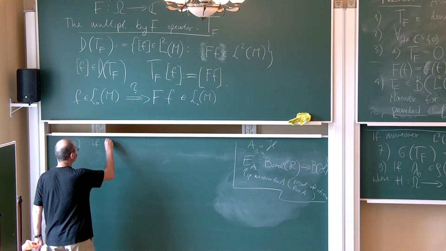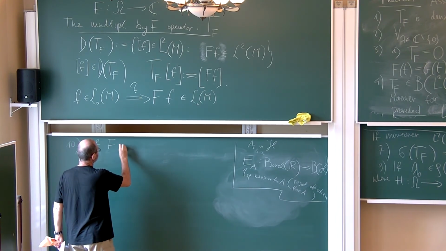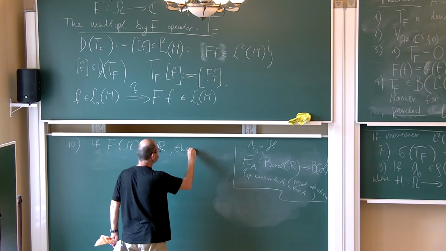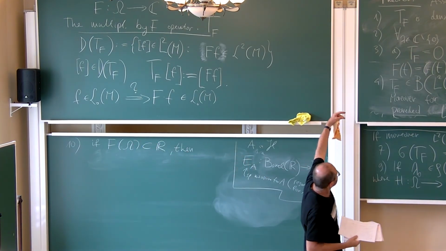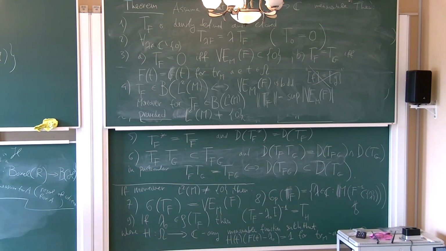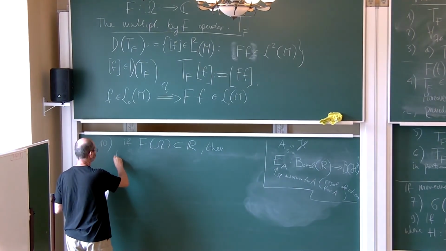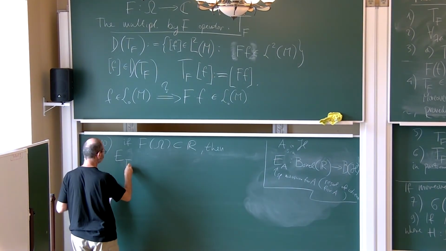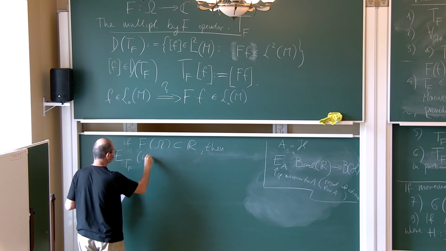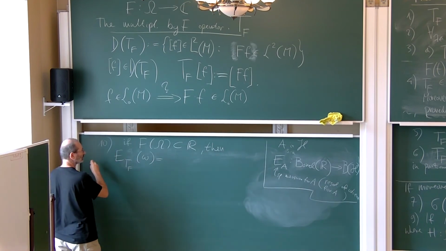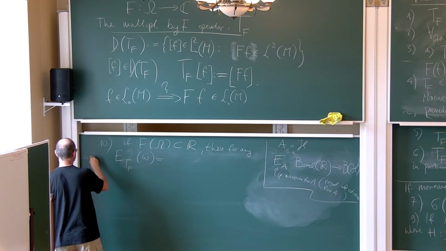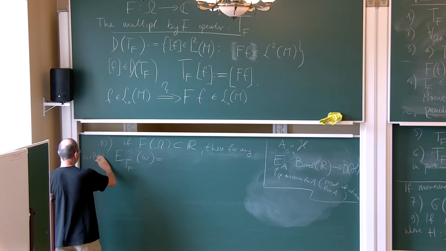So if f of omega is contained in the real line, then by point 5 it is self-adjoint, and then when we want to take the spectral measure of this operator, for any omega which is a Borel set, B Borel.